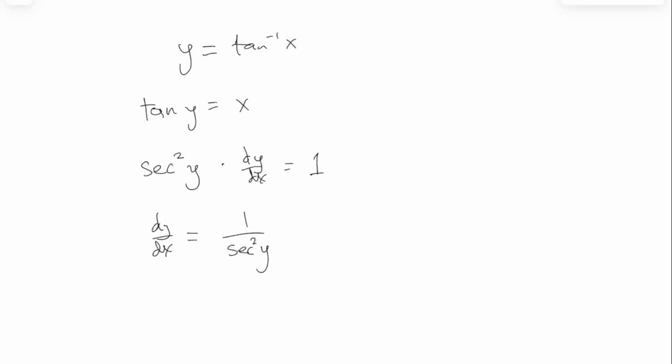So this is the same as cosine squared of y. But anyway, I'll plug in the y here. This is cosine squared of y, which is arctan x. All right? And you could just leave it at that. That's a correct answer, although it's weird.